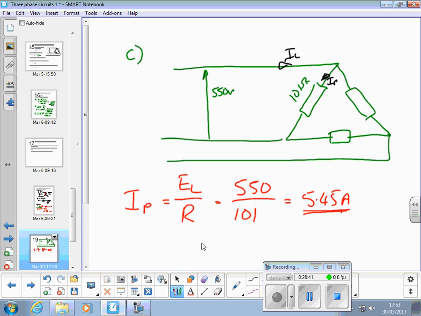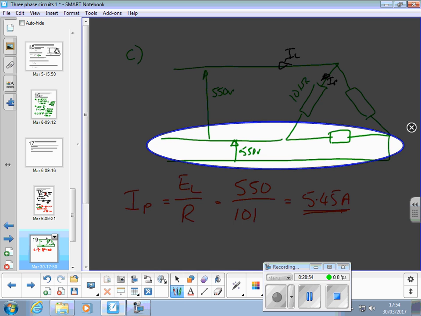We got the same 550 volts between these two lines. So we could isolate that circuit and do the same thing as 550 volts across that 101 ohms.